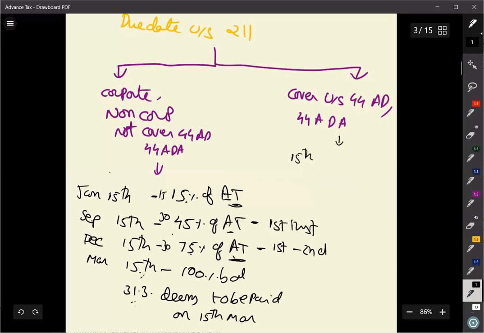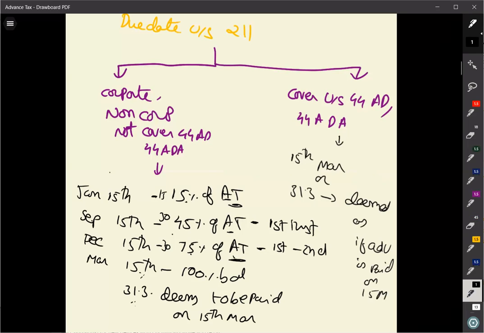You need to pay advance tax on or before 15th March. Even if you pay the advance tax on 31st March, it is deemed as if advance tax is paid on 15th March only.